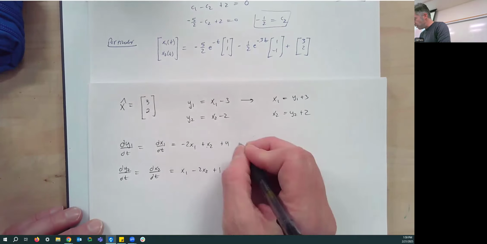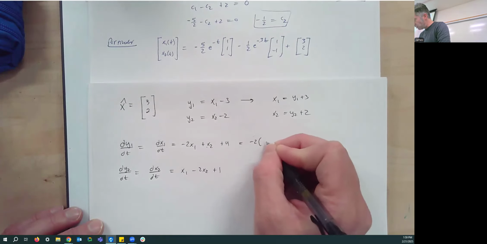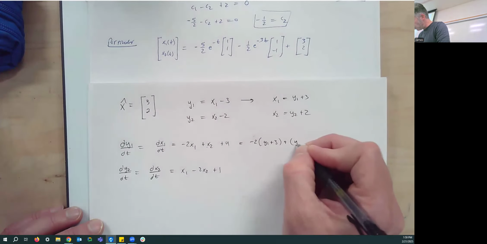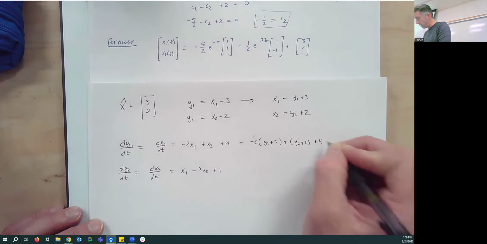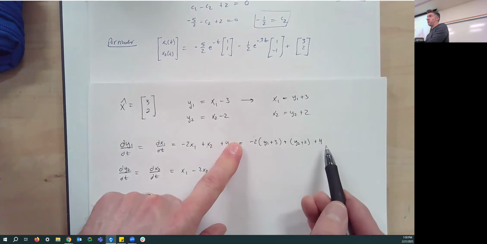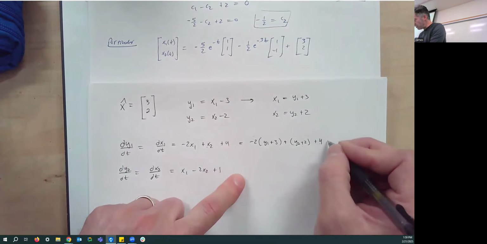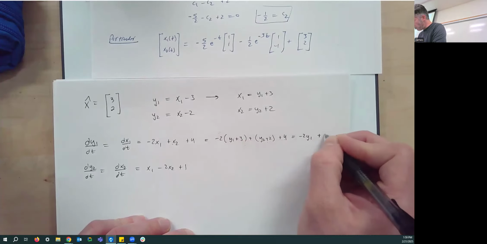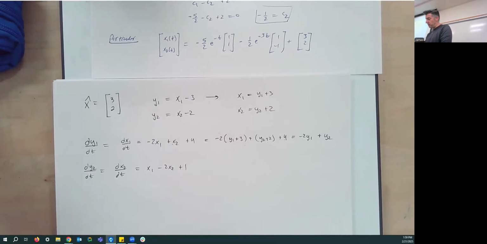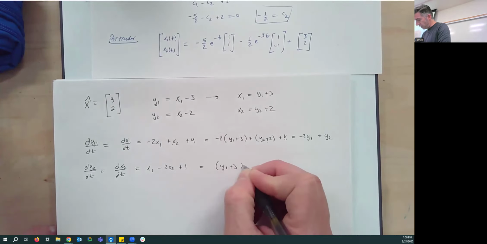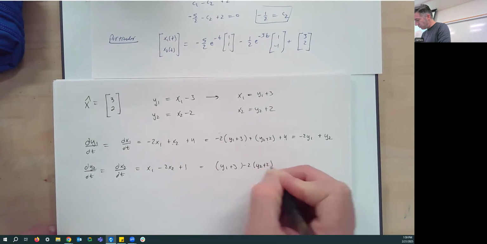Look what happens. We get negative 2 times y1 plus 3, plus x2, which is y2 plus 2, plus 4. And look what happens: the constants cancel out. You get negative 6 plus 2 plus 4. That's 0. And the y terms have exactly the right coefficients: negative 2 y1 plus y2. Same deal down here. You're going to get y1 plus 3 minus 2 times y2 plus 2, plus 1.